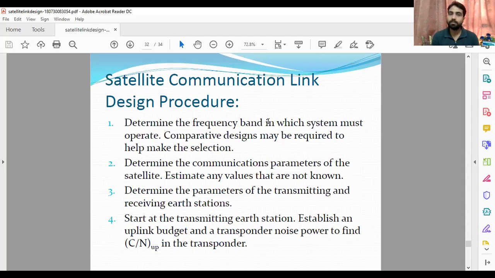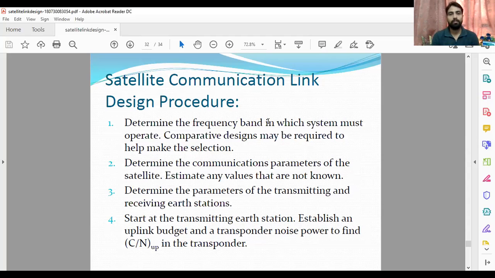The satellite is supporting, so we have to find out the parameters of this transmitting station on earth and the receiving station on earth. We have to check what their nearby surrounding required parameters are.